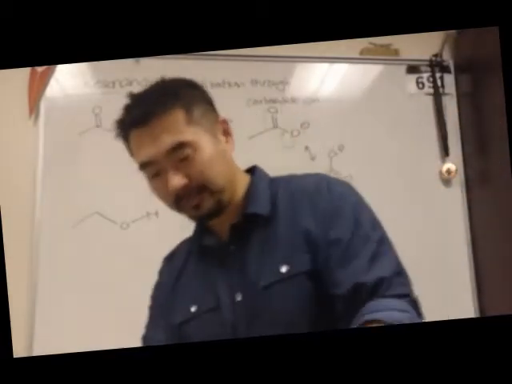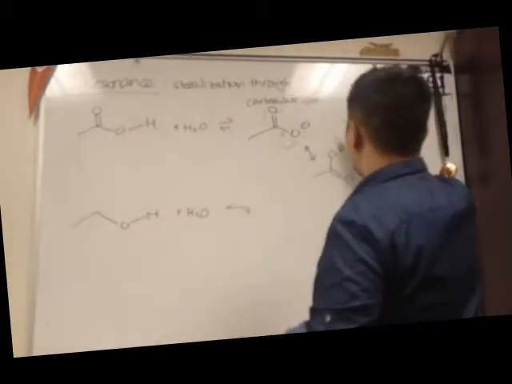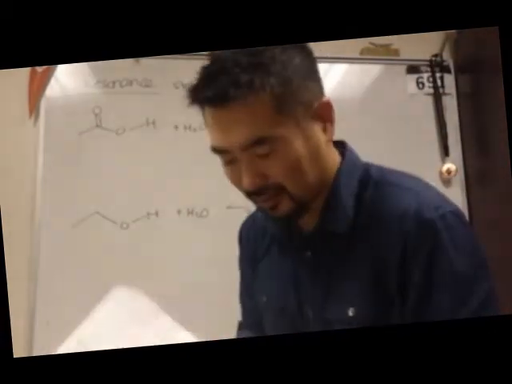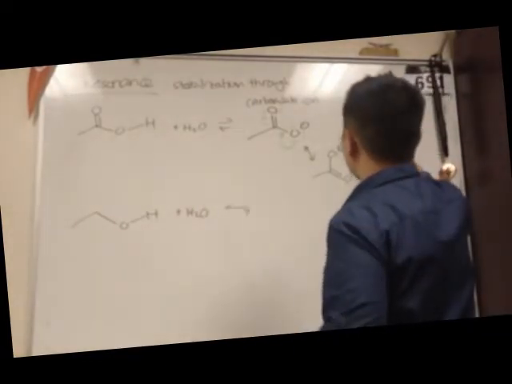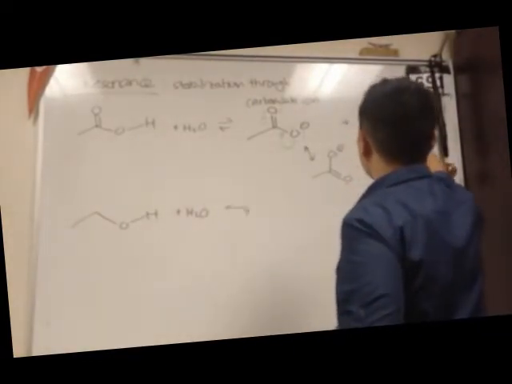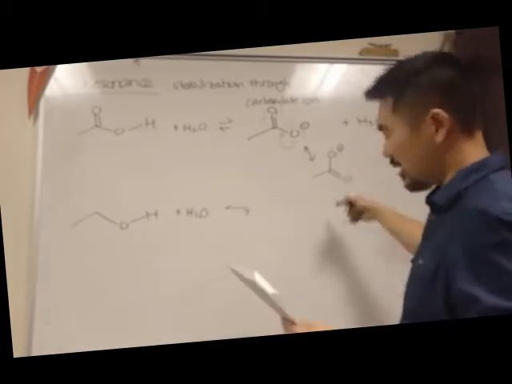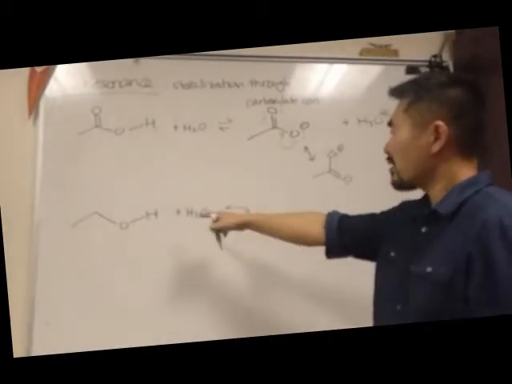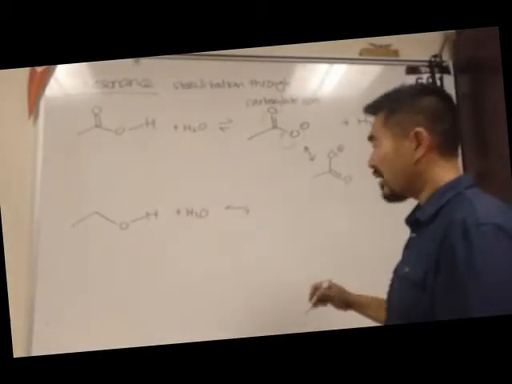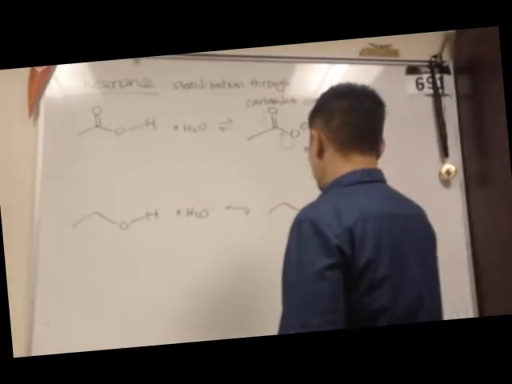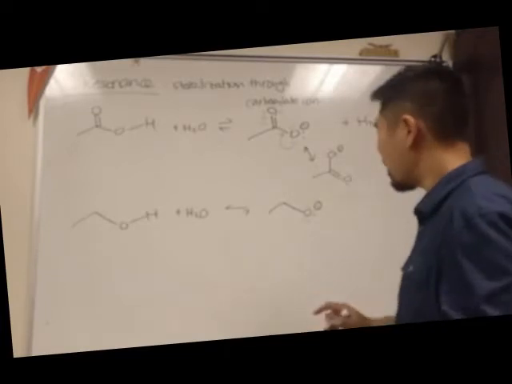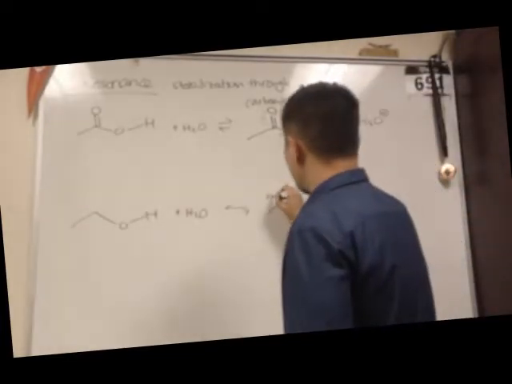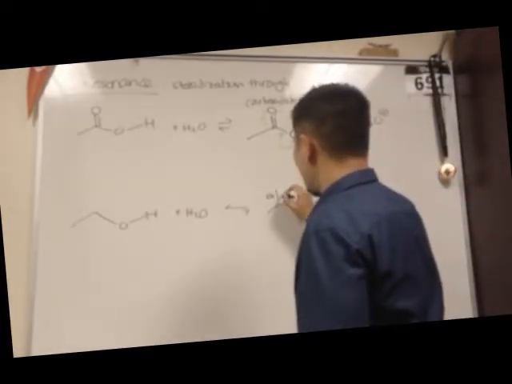But here's the product with hydronium ion here and here. If you draw the conjugate base of the alcohol, it's going to look like that. That's your conjugate base. And unlike a carboxylate ion, this is called an alkoxide ion.